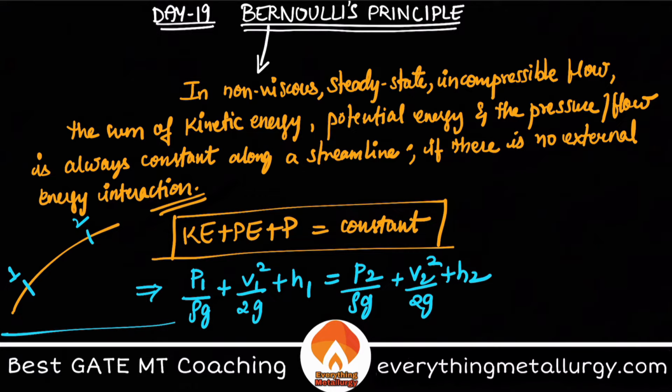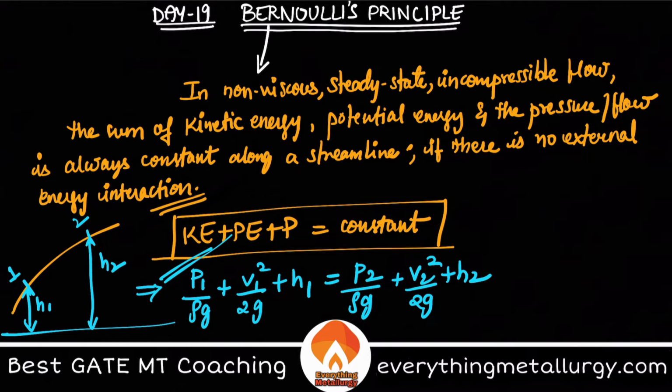Let's say this is H1 and this is H2. In the same streamline you will observe this followed. So P by rho g plus V square by 2g plus H will be equal to a constant.